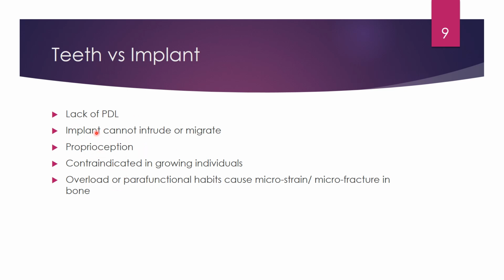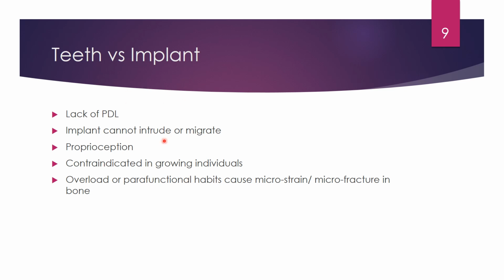Basically, who's responsible for this? It's the PDL. PDL has multiple blood vessels, myelinated and unmyelinated sensory nerve fibers, and also proprioceptors. So these help in regulating the motor function.